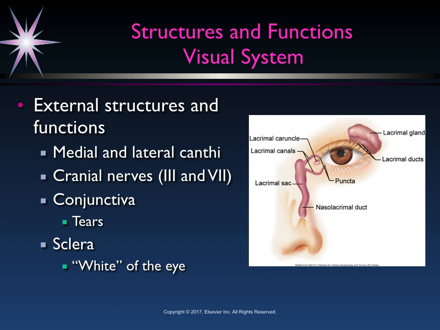And tears produced by the lacrimal gland pass over the surface of the eye and enter the lacrimal canal. And from there, the tears are carried through to the lacrimal duct and then into the nasal cavity. And when we have allergies, we have excessive production from the lacrimal glands. And that's what causes us to have that runny nose and everything.